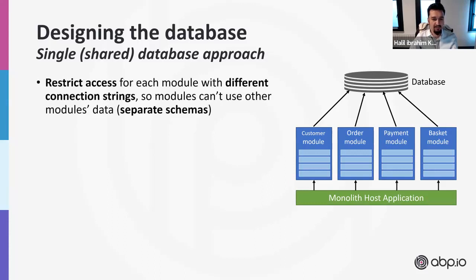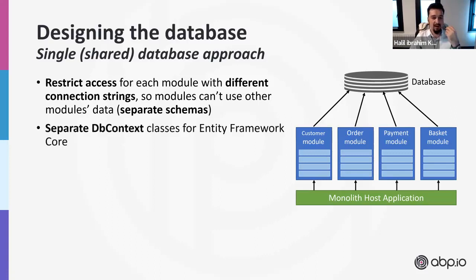One approach can be creating separate schemas if your database technology supports it, or programmatically somehow restricting or managing that the customer module doesn't read from the order module's tables. So it's your responsibility actually, because we have a single database.